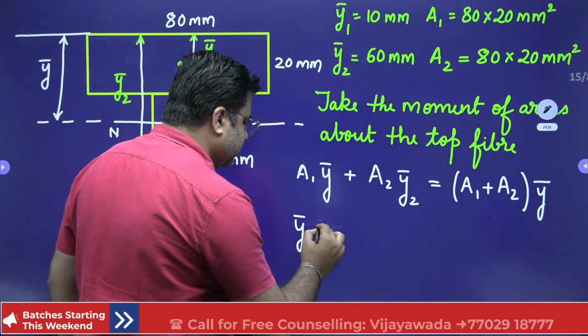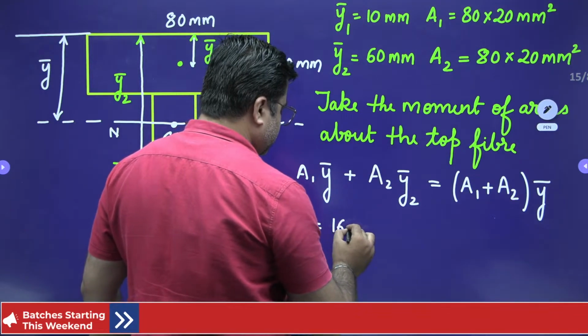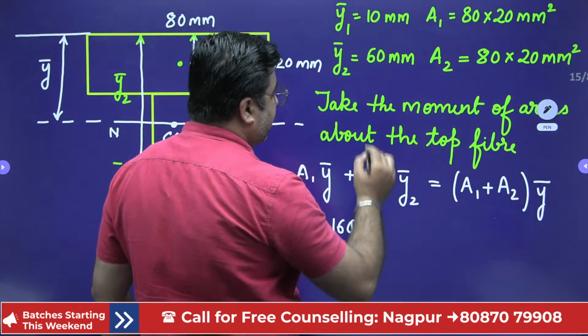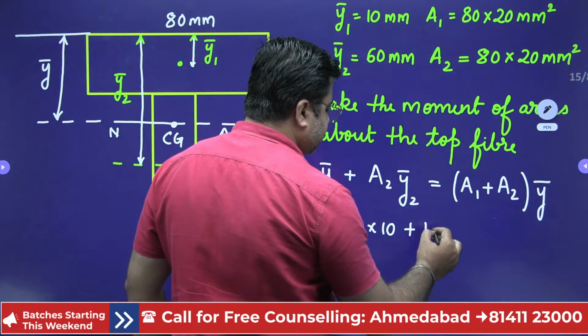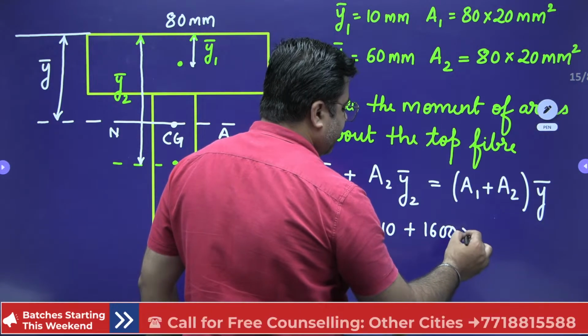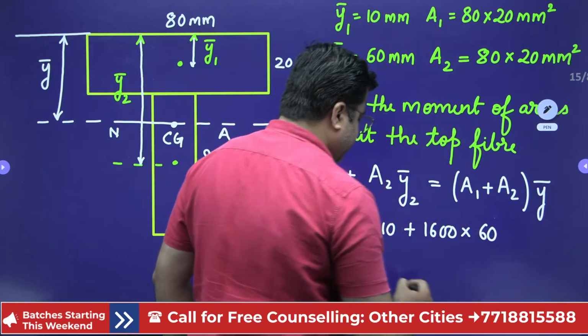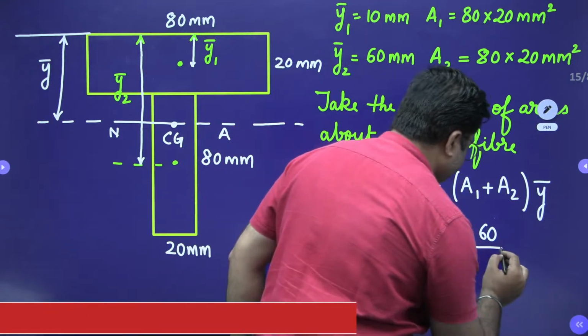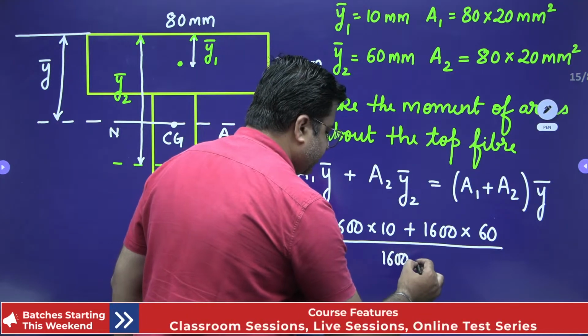So Y bar is A1, which is 1600, Y1 is 10, A2, which is again 1600, Y2 is 60, divided by A1 plus A2, that is 1600 plus 1600.